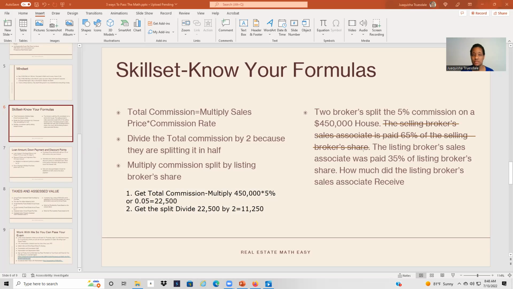So the third step you'll do is multiply 11,250 by 35% or 0.35. So when you multiply 11,250 times 35%, that's $3,937.50. That's how much the listing broker sales associate will receive. And that's how you do that one.